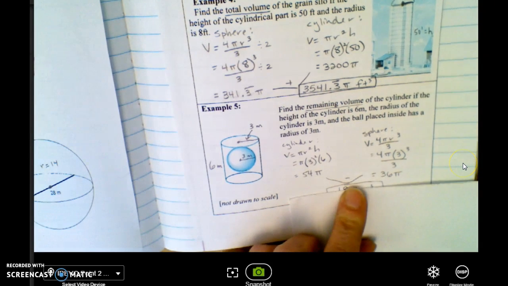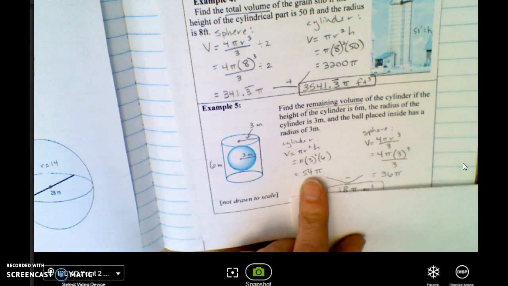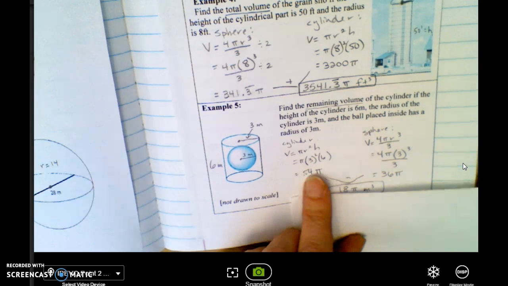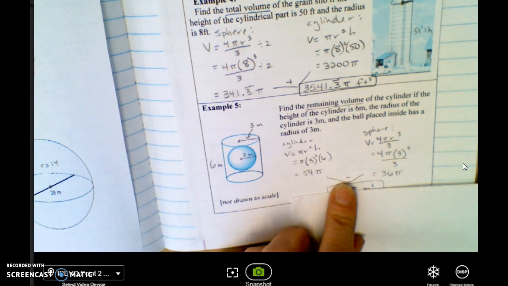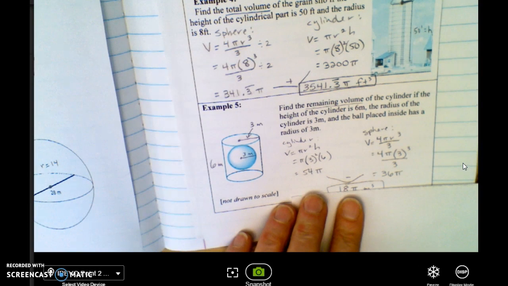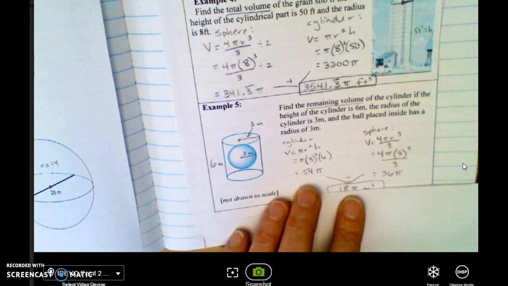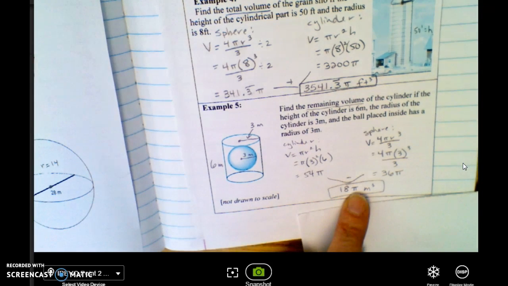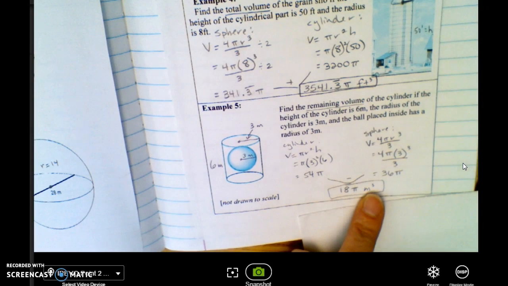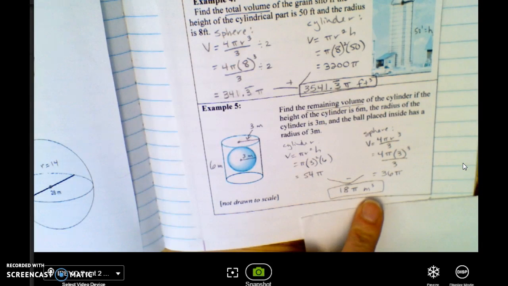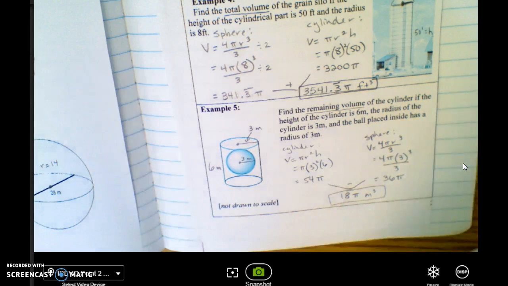But remember, we are subtracting. So in order to show that you're subtracting the two volumes, it's okay to just kind of draw an arrow coming from both of these with a subtraction sign saying what you're doing next. So 54 minus 36 is going to be 18 pi. And again, this will be meters cubed because you're dealing with volume, and volume is always three-dimensional.